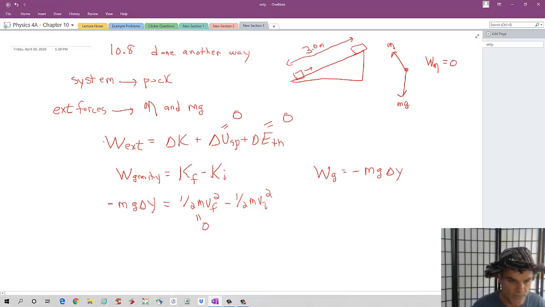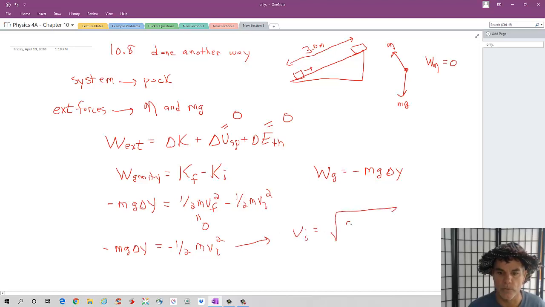So I get negative mg delta y equals negative 1/2 m v initial squared. Solving for v initial, I get v initial is the square root of 2 times g times delta y, which once you plug everything in, my delta y again is still 1.03 meters, g is still 9.8, 2 is still 2. I still get 4.5 meters per second.